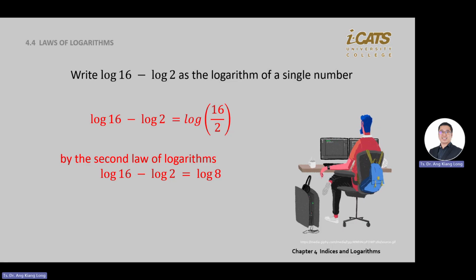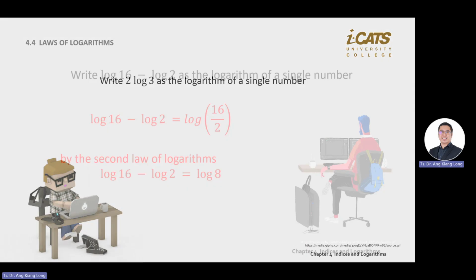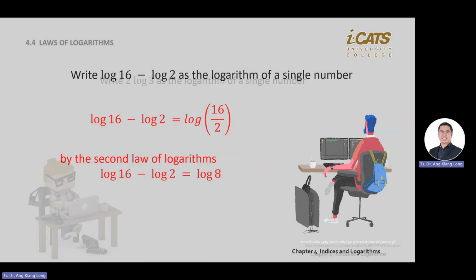The question won't be like this. It will ask you later when we discuss the challenge question, then you will see the application of this one. Okay, this is just to recall what are the three laws that we learned.